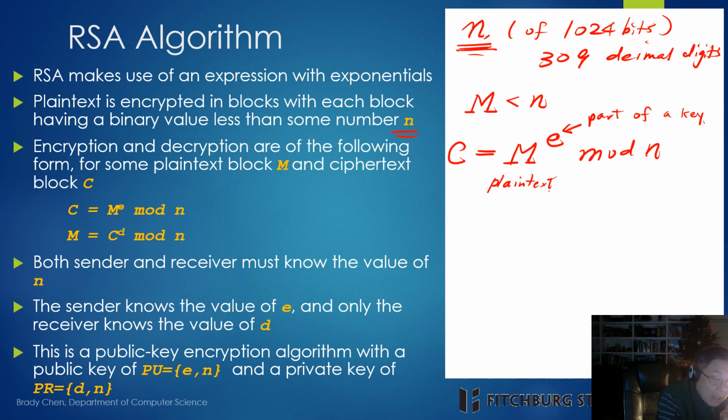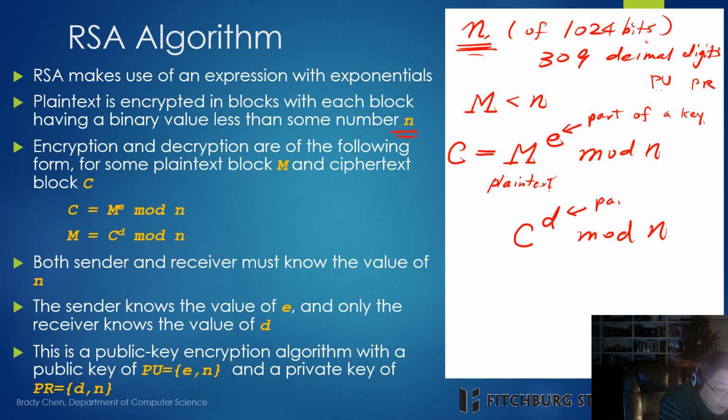Remember, in a public key encryption algorithm like RSA, we have two keys. One is the public key, the other one is the private key. E should be part of the public key or part of the private key, depending on the scenario. That's for encryption. Now, the decryption is very similar and also very simple. Suppose we have a ciphertext. The decryption performs a similar operation. We calculate C to the D modulo N. And what is D?